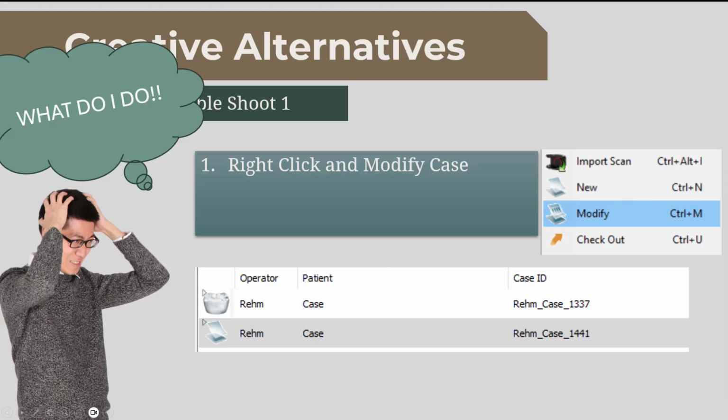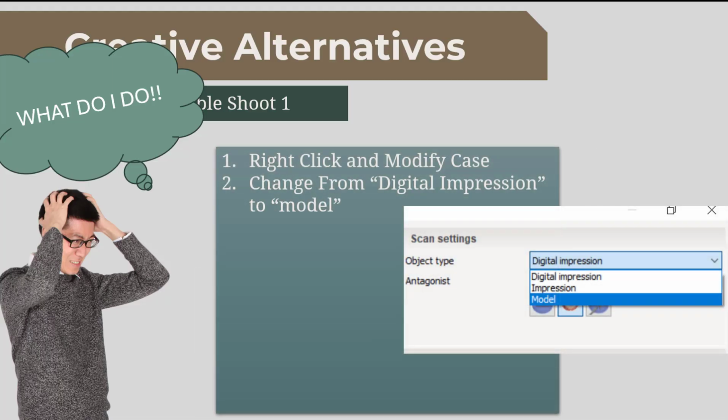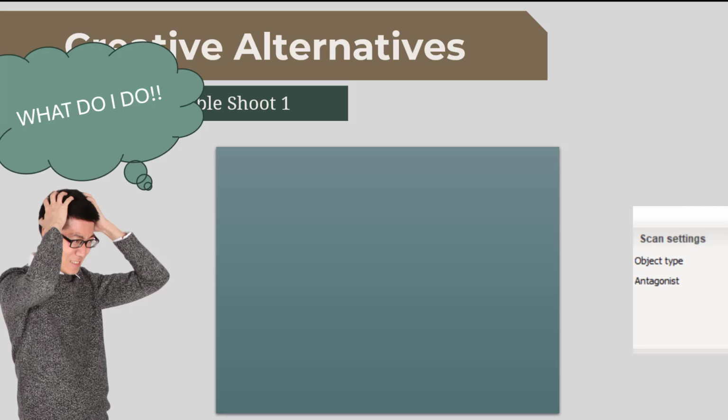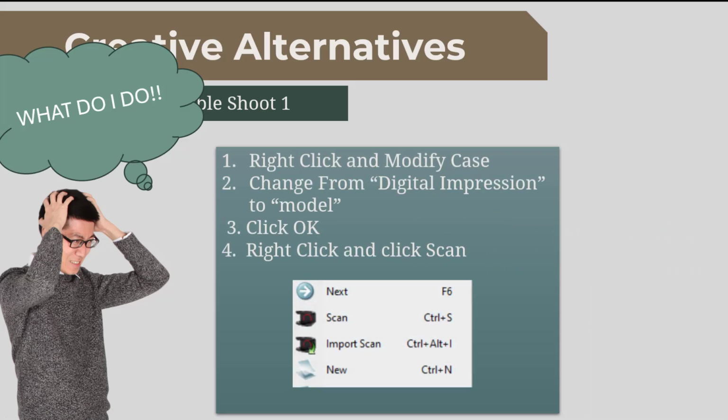So we're going to click modify, change the order to model, click OK. So we're going to change it from digital impression to model, and in that work order, we're going to click OK. And now when we right click on it, we have the option to scan.